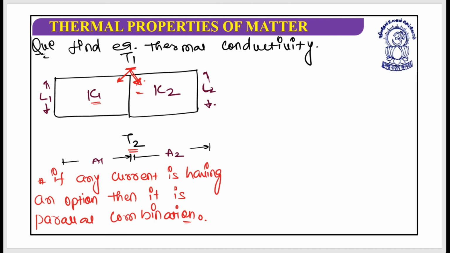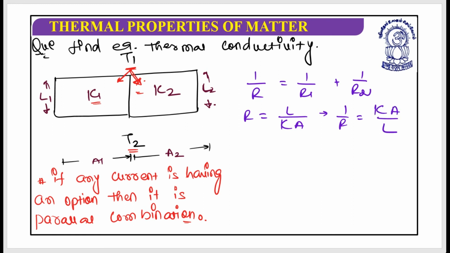So this would be 1 by R is equal to 1 by R1 plus 1 by R2, where R is equal to L by KA. So 1 by R is equal to KA by L. It's K1 A1 by, let's say this is L1 and L2, but L1 is equal to L2.